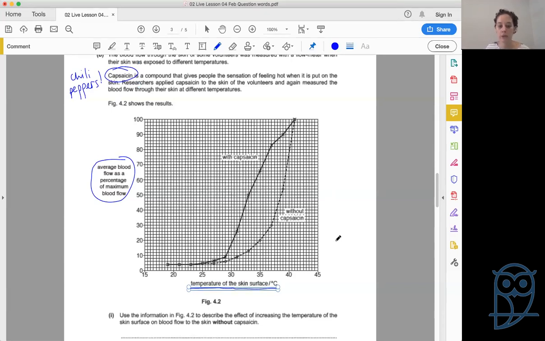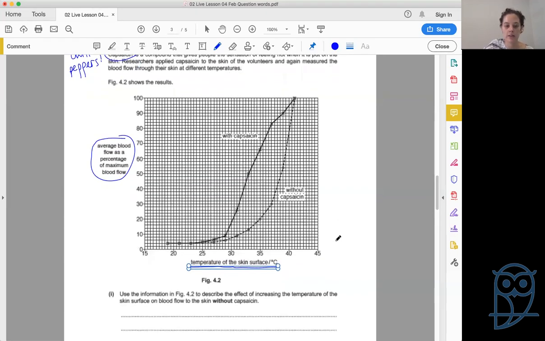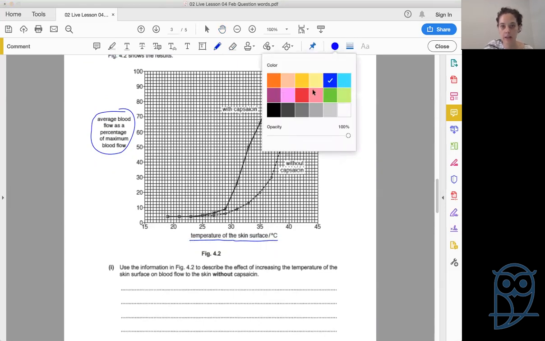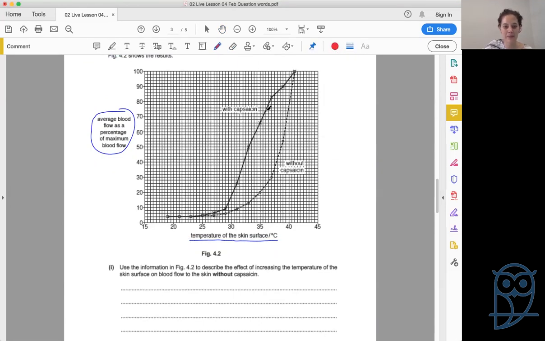So what's the actual question that we're dealing with? First question says, use the information in figure 4.2 to describe the effect of increasing the temperature of the skin surface on blood flow to the skin without capsaicin. So, I spoke funny for a few words.